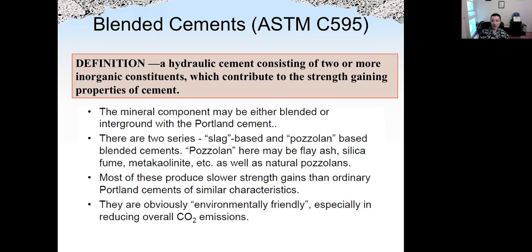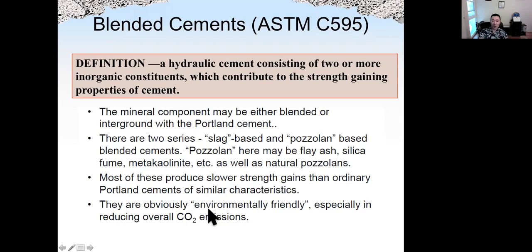Natural pozzolans will react with calcium hydroxide, which is one of the products of C3S. They will generate CSH again, and we call that pozzolanic reaction. Pozzolanic reaction is slower compared to the chemical reaction of cement, so it has slower strength gain.